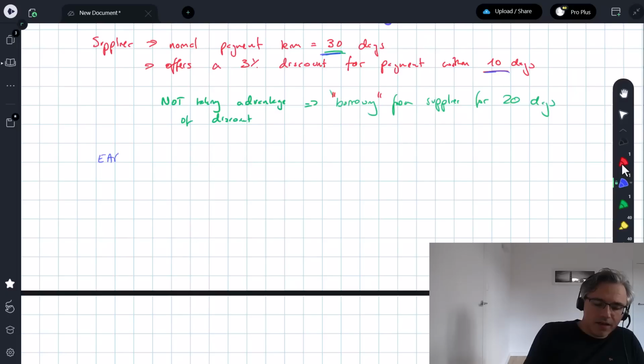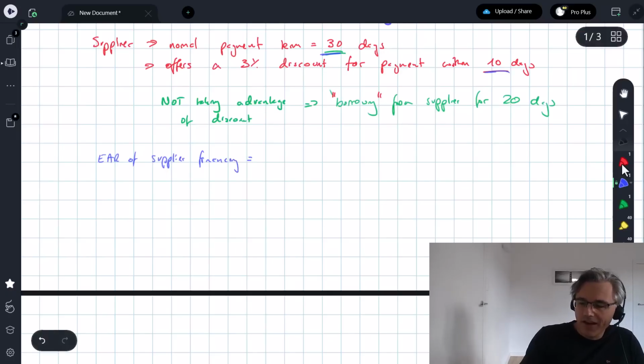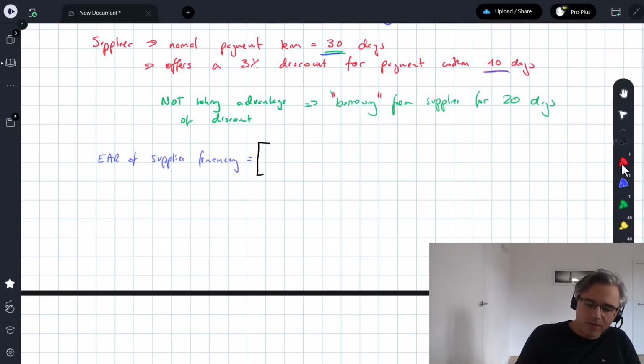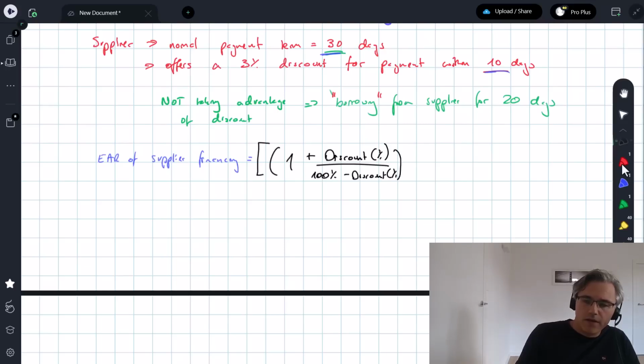So the EAR of the funding supplied by our supplier, the financing provided by the supplier, is computed as, and this is a terrible formula, 1 plus the discount, as expressed in percent, divided by 100% minus that discount, raised to the power of days in the year, divided by normal payment period, which in our case would be the 30 days minus the discount period.